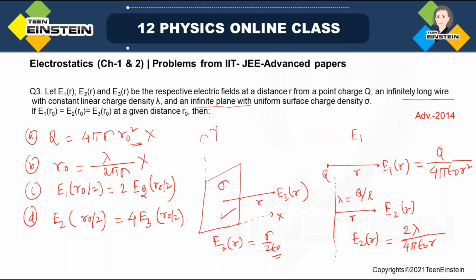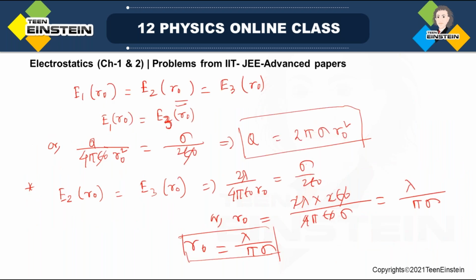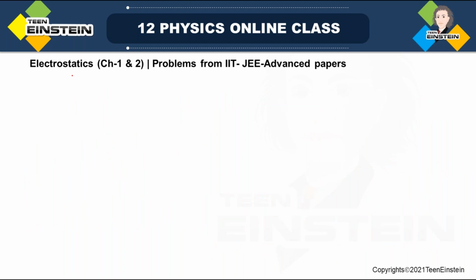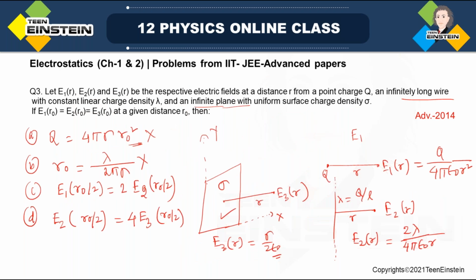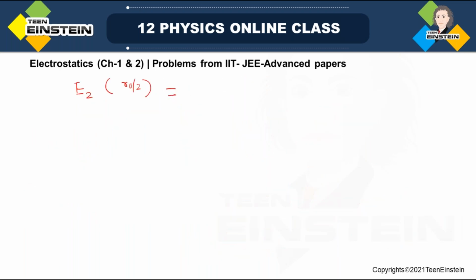Our calculation is correct. Now we will be finding out E1, E2 and E3 at R0 by 2. So what is E2 at R0 by 2? E2 was 2 lambda by 4 pi epsilon naught r, that part, right?